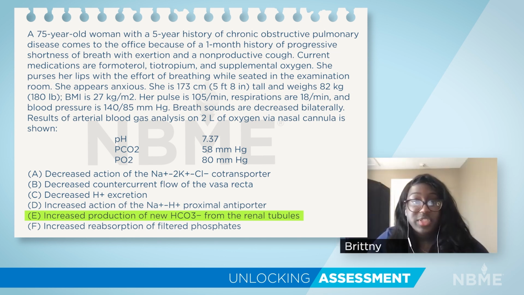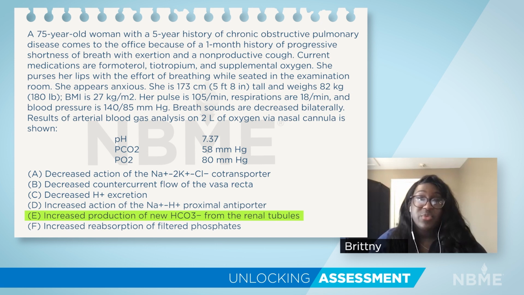Just in seeing the question stem and then reading the answer choices, as I went through them, I focused on what the purpose or goal action of each transporter or vessel was. So I think understanding the pH, then understanding the different values and partial pressures, and also understanding that the patient does have COPD and what that's actually doing.